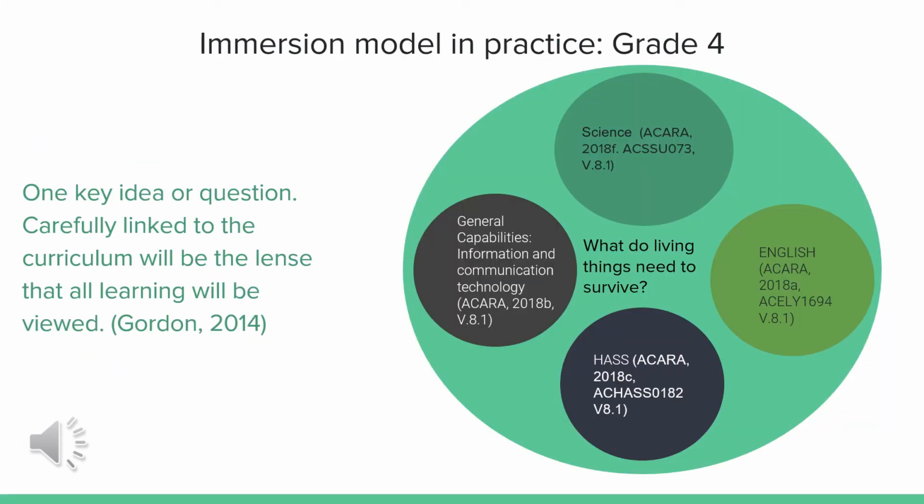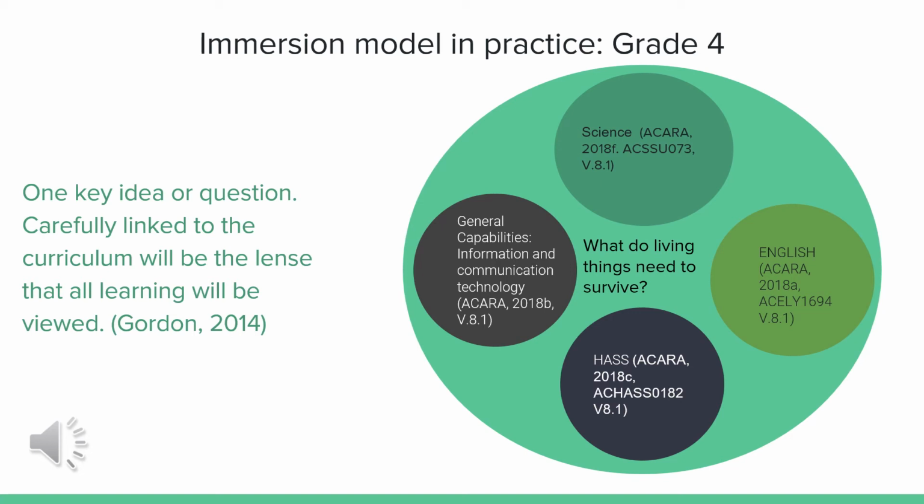In this slide, I will discuss the immersion model in practice. I've chosen grade 4 and the learning areas of science, English, HASS, and including general capabilities of information and communication technology.